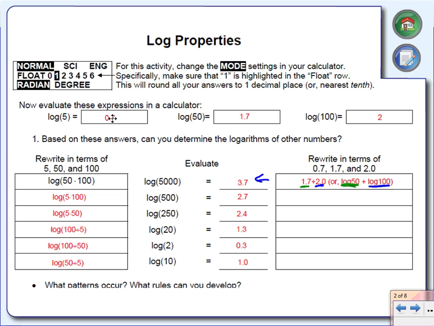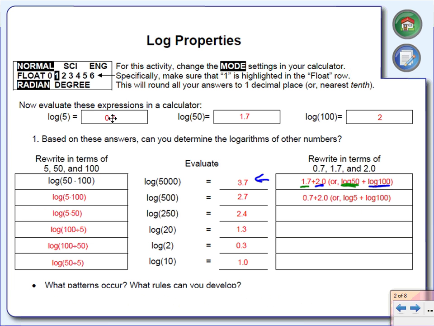Okay? Let's try that again. Look at the next one. Log of 500. We said log of 500 was the same thing as log of 5 times 100. So that right there is also equivalent to the log of 5 plus the log of 100. So again, all I'm doing is taking both of these numbers that are in the parentheses, the 5 and the 100, and I'm separating them.